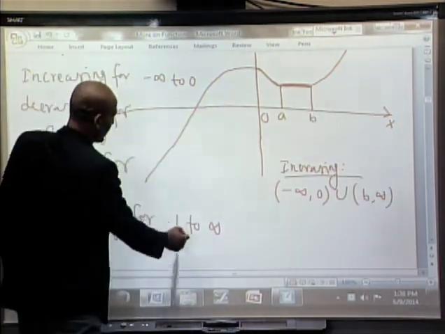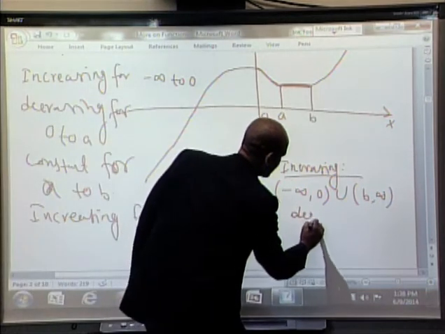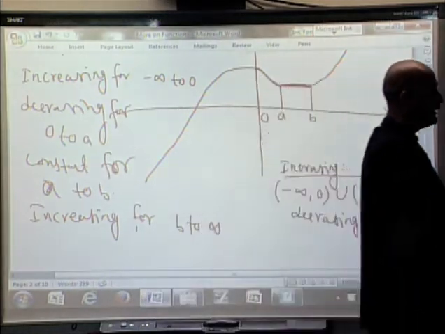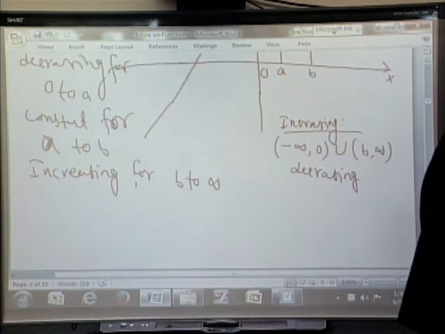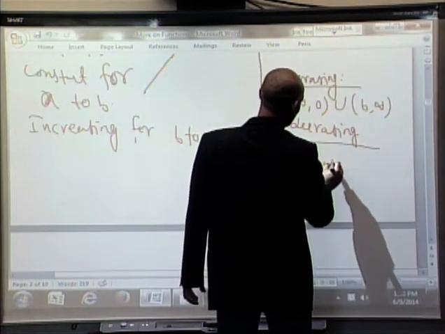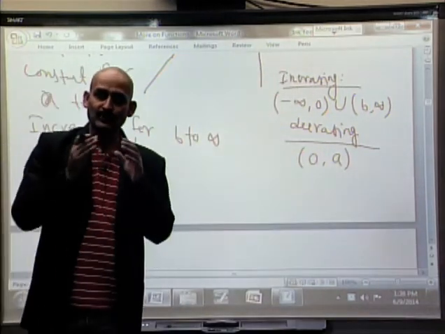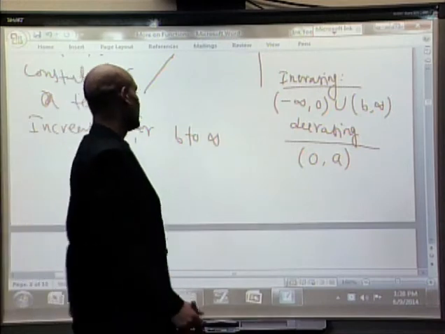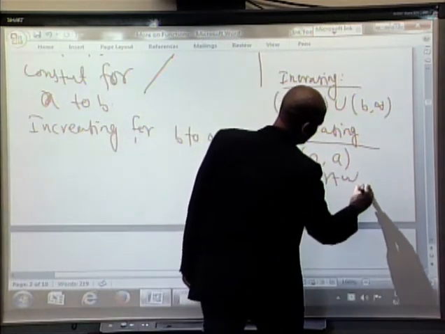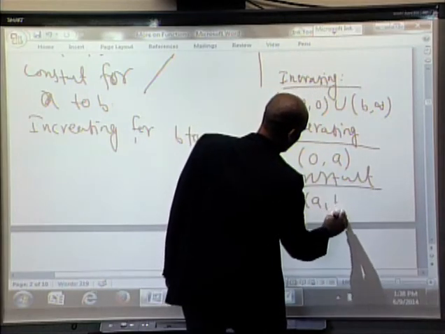Now, decreasing, as we already know, is from 0 to a. So, the function is decreasing in between 0 and a, and as we have already seen, this function is constant in the interval from a to b.